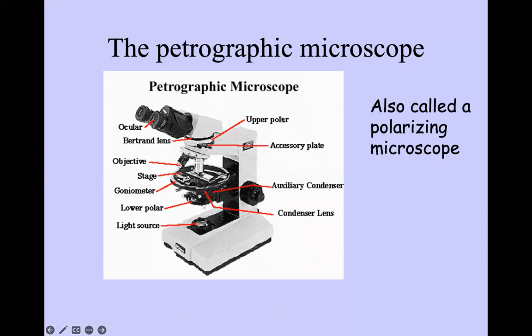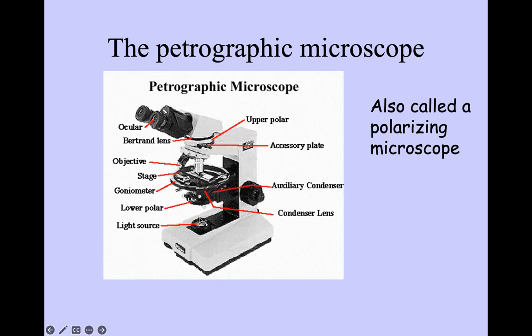But frequently we will have to use it, therefore we may take it as a regular component of the microscope. The only thing is, you can remove this upper polar from the light path if you don't need it, and insert it if you want.